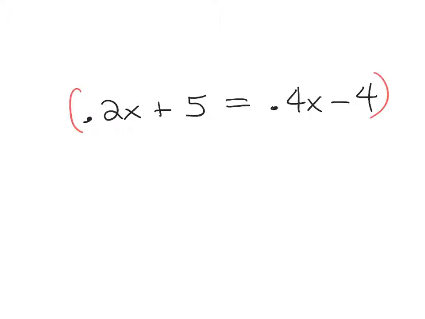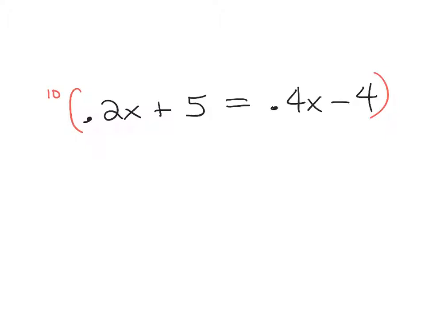So let's say we have 2/10 x plus 5 equals 4/10 x minus 4. It's probably going to be a bad situation here, but let's just do it. Now, if you don't want to, and it might get harder than this. This isn't that bad. But what you can do is multiply your entire equation by 10.